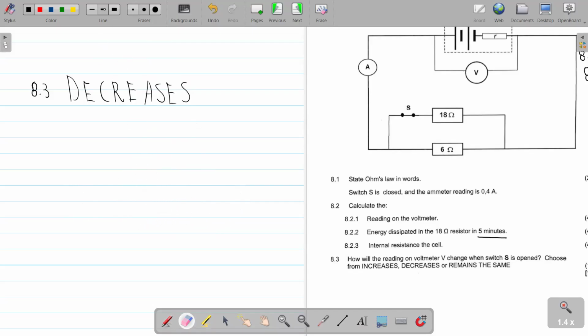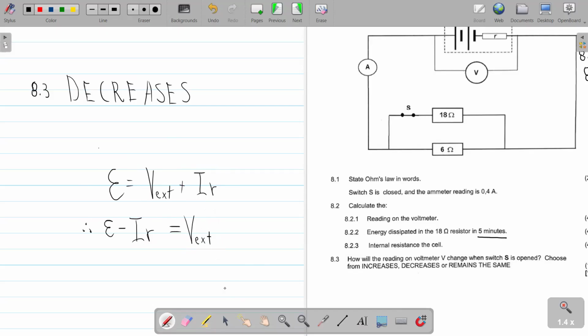It will decrease for the following reason. The equation for EMF is E equals V external plus V internal. V internal is what? Is Ir. So if we rearrange the equation, then what happens? We have E minus Ir equals V external. Okay.